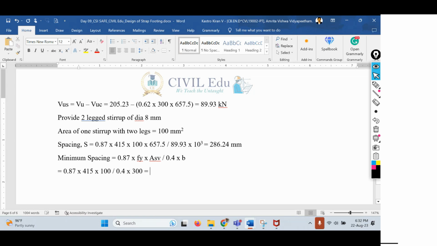That equals 300 mm, the minimum spacing we have to provide. So I am rounding this off to approximately 250 mm.